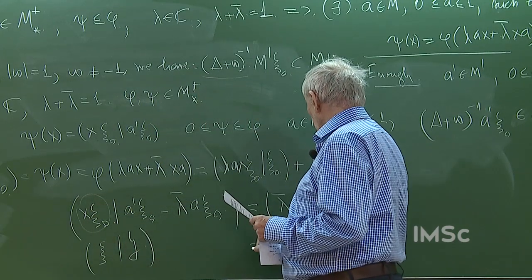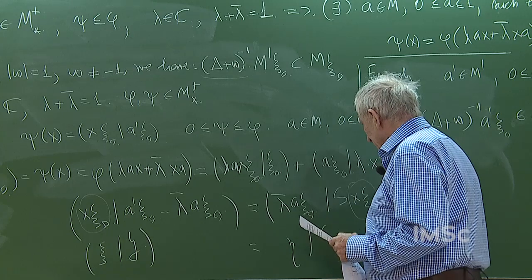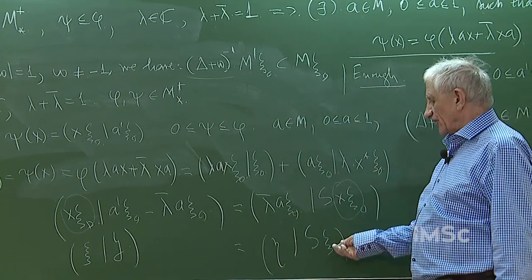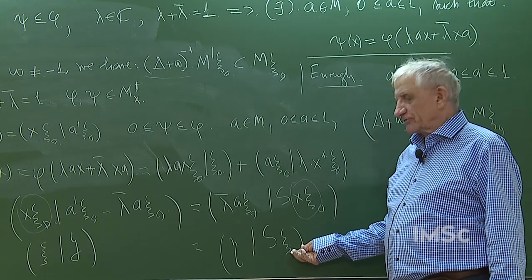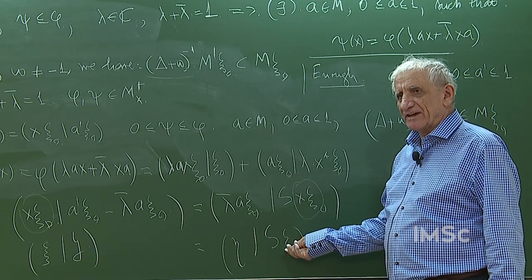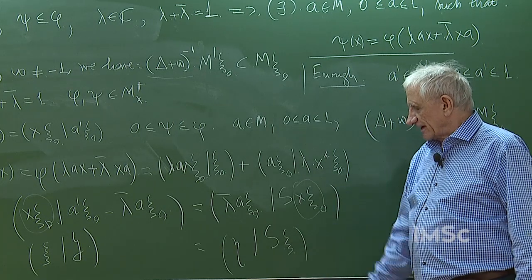This is equal to this vector, put eta for it, times S of psi. And this is true for every psi in the domain of S naught, which is enough to recover S.